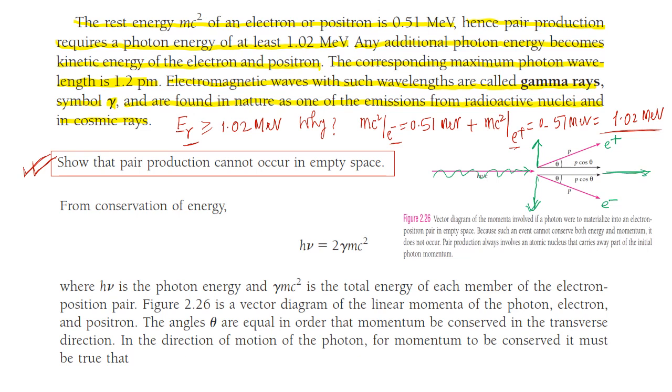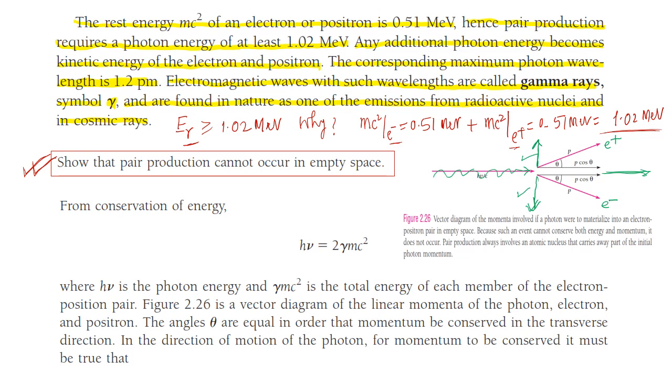This is P, this is P cos theta, and this is P sin theta, and this is minus P sin theta. So P sin theta and minus P sin theta will cancel out, and we are going to have P cos theta and P cos theta.